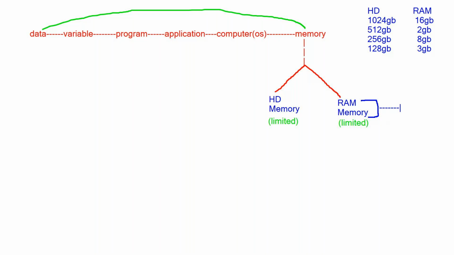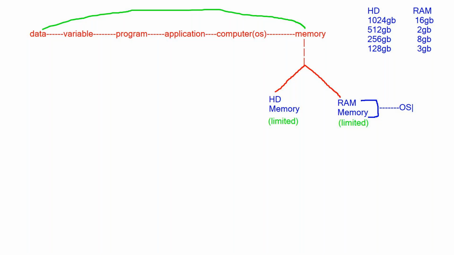No, not like that. See here, where RAM memory is there, the OS will be installed automatically. When you purchase a computer, it comes with hard disk memory and RAM memory. Nowadays we are purchasing computers with built-in operating systems.